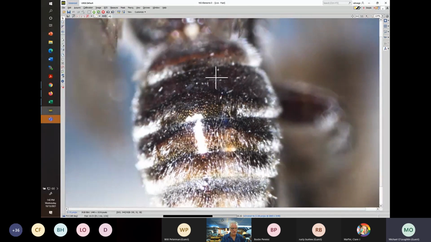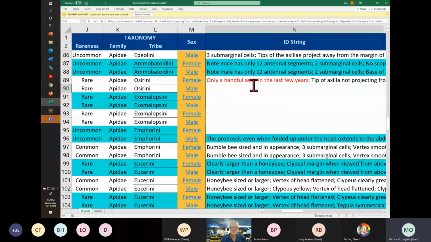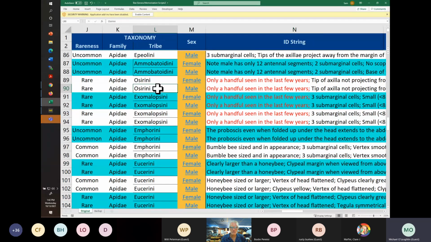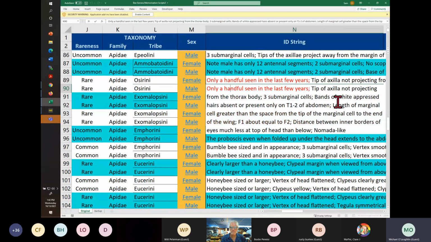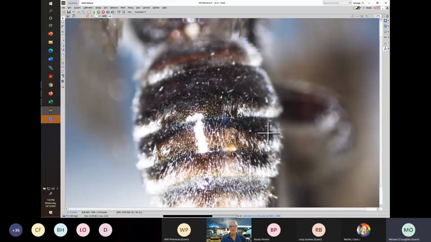Whether this is appressed hairs or not, I would say in my book they are. So maybe I don't like this character and we should rewrite it. Bands of white appressed hairs absent or present only on T1 or T2 of abdomen. I would say that is incorrect. So I have to go back and look at that again.